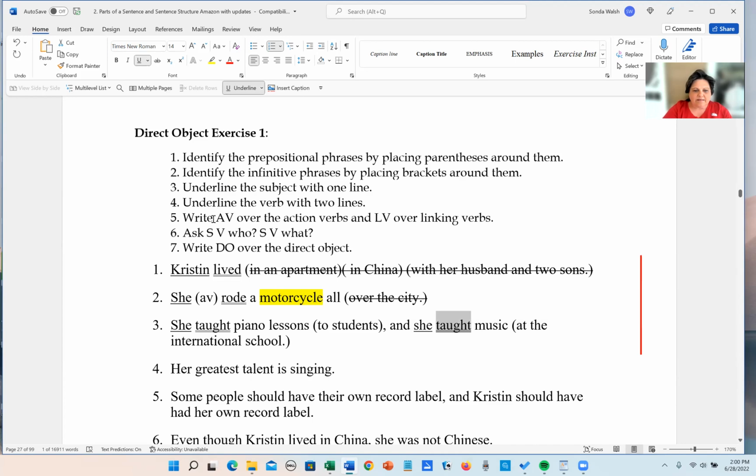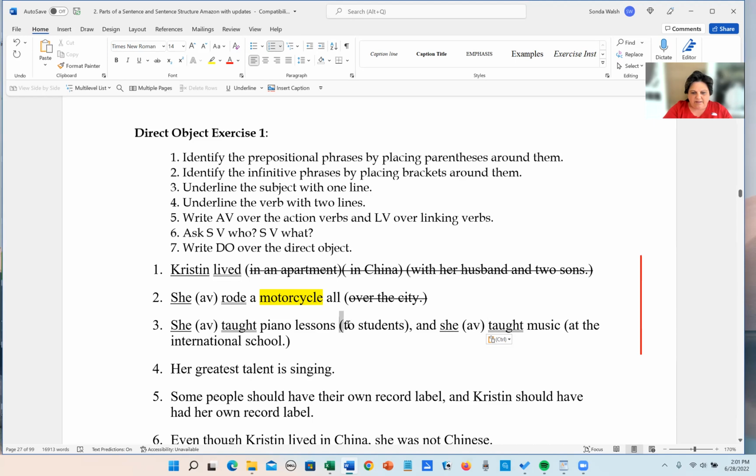Okay, the next thing is to tell if the verbs are action verbs or linking verbs. You guys can write over the top of yours since you're doing it by pencil, but taught is an action verb. So I'm going to put that over here too. All right. Then we ask subject verb who, subject verb what. She taught who, she taught what.